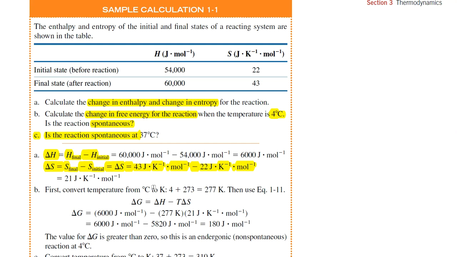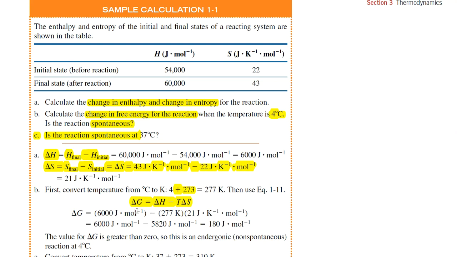For calculating the change in free energy, we need to convert the temperature to Kelvin. So we add 273 to 4, it becomes 277 Kelvin. Then the formula for free energy is del G equals del H minus T del S.